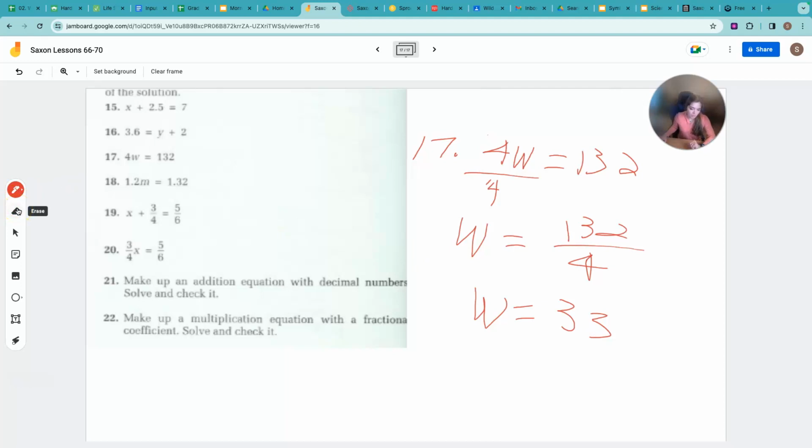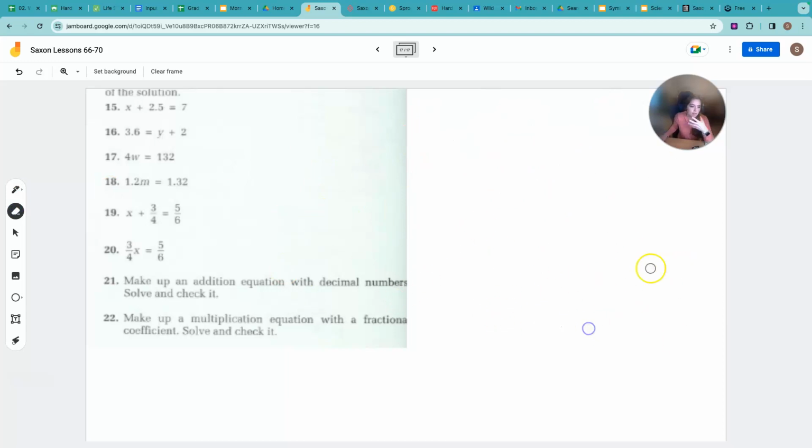So, I would like you to go ahead and see if you can do 18. Go ahead, pause this video, see if you can do it. Come back, check, see how you did. Okay, so 18 is 1.2 m equals 132. So again, we can't subtract 1.2 over because it's with the letter.